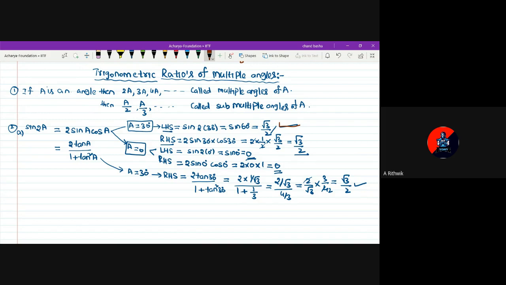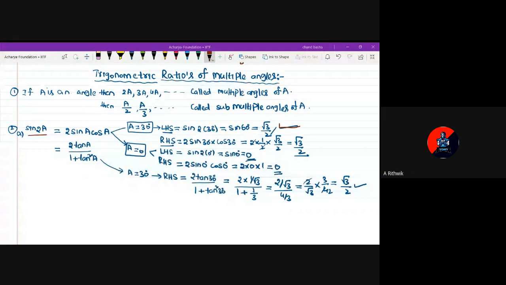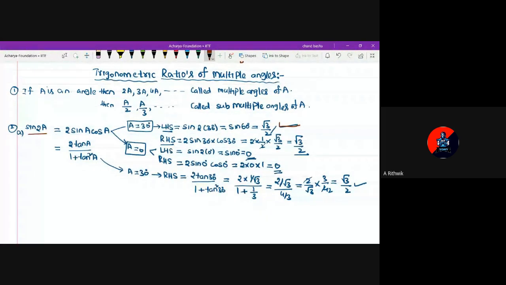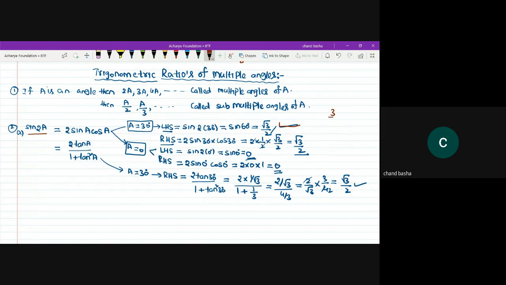Sir, in 2 by root 3 into 3 by 4, 2 and 4 are cancelled, but 3 is remaining now, sir. Yeah, 3 by root 3, what can we write? For 3, I can write root 3 into root 3 divided by root 3. One root 3 will get cancelled.